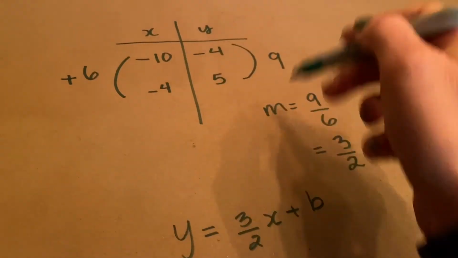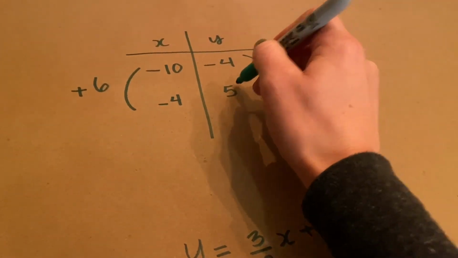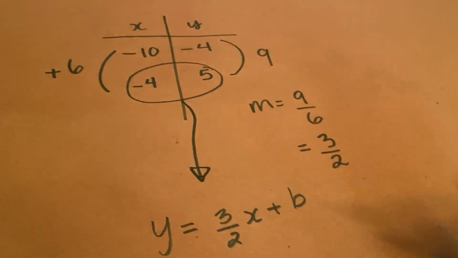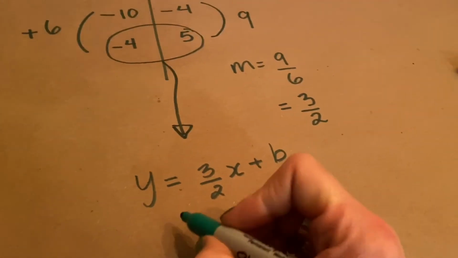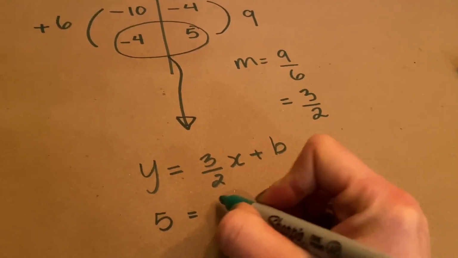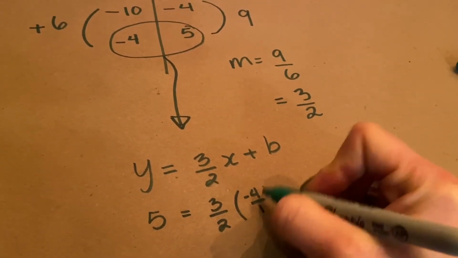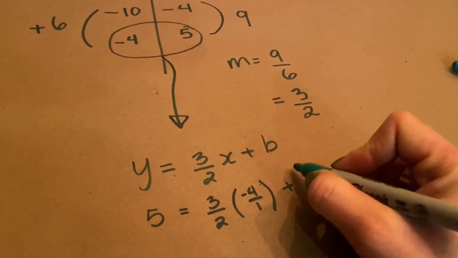And I'm going to pick either one of those 2 points, let's say this one, to put into my equation to solve for b. So I have a 5 for my y. I have a negative 4 over 1 for my x, plus b.